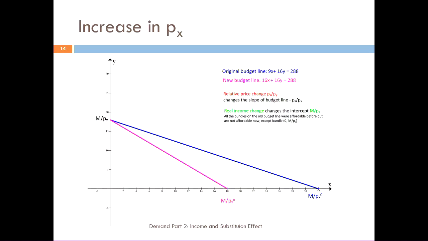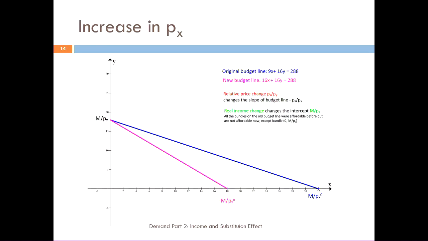In that case, you can buy exactly the same thing now. If you bought no X before and spent all your money on Y, you can do the same thing now as before. Because remember, if the price of X goes up and you don't buy any X, who cares? There's no effect on you in real terms. But as long as you consume positive amounts of X, then those bundles that you bought before are no longer affordable. So that's the sense in which your real income has gone down.